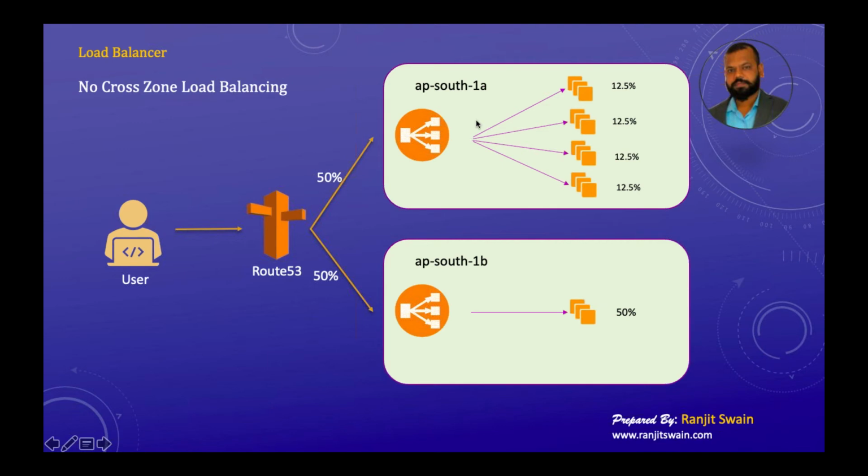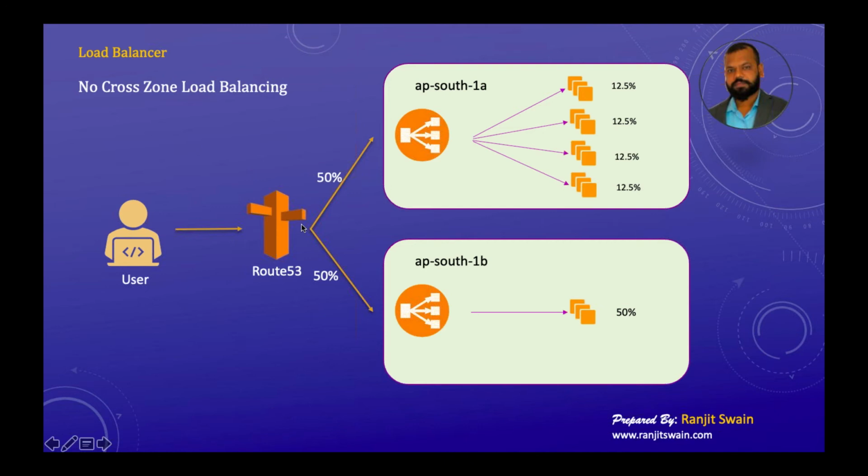We should always keep them in separate availability zones for high availability and disaster recovery. For that, the load balancer also supports cross zone load balancing. If you have servers in one zone and you want to balance to servers in other zones, you can do that as well.